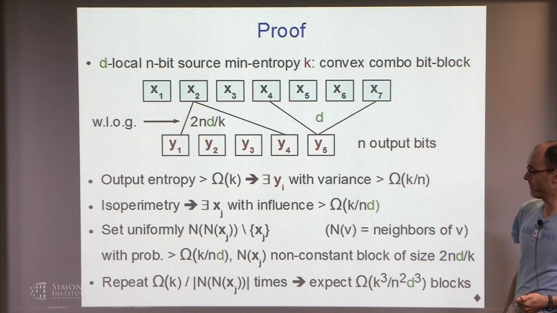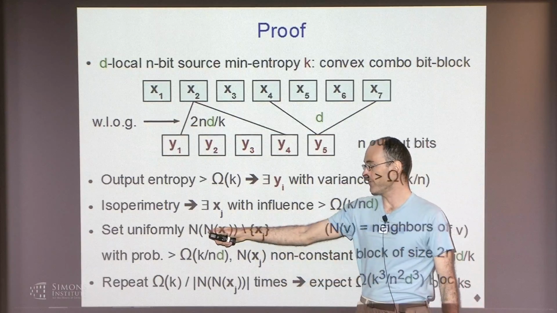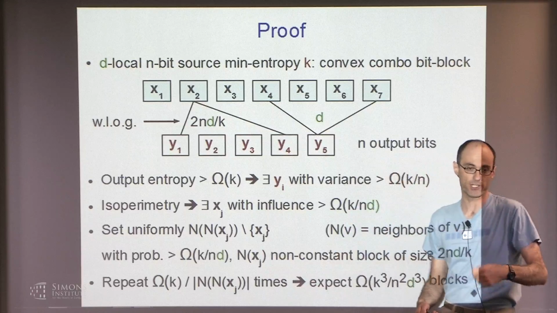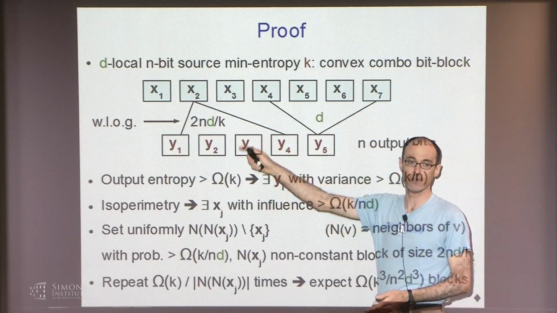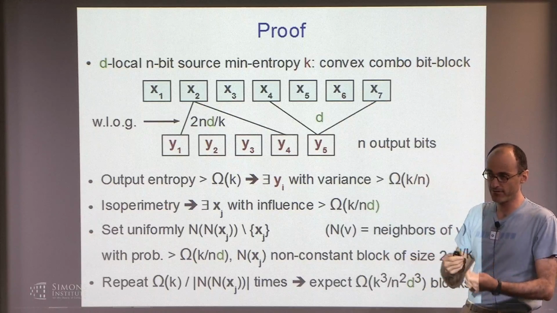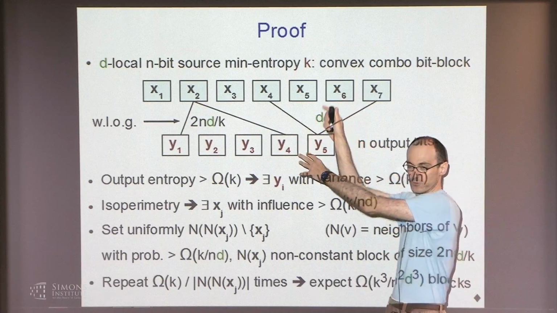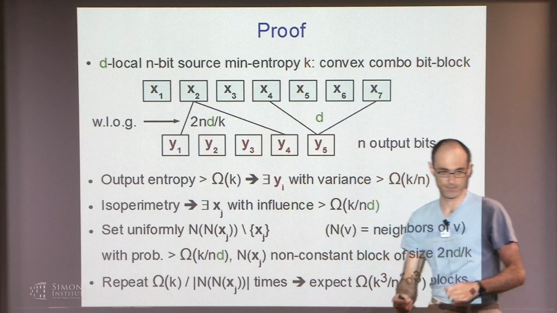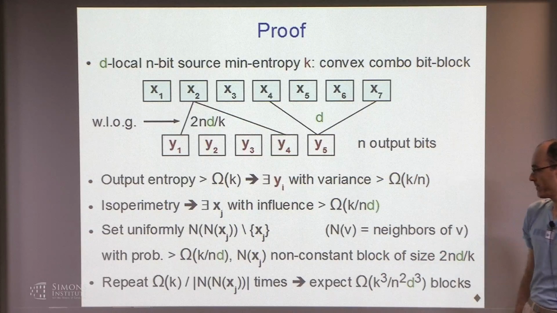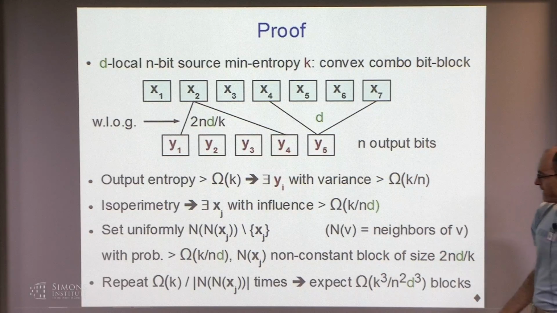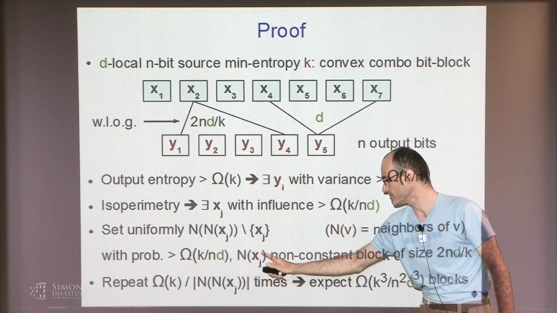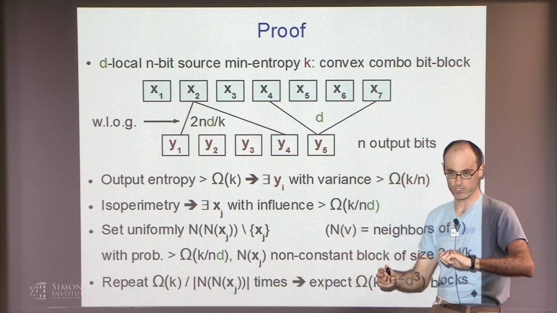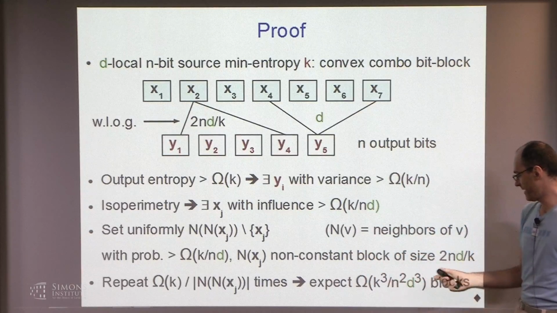Okay? And because you fix things in this way, you can actually repeat the argument. So you can iterate, you can find another yi now, repeat the argument. You will not have any interference because you fix this neighborhood of the neighborhood. So you took care of anything positive that could be shared. Okay? So with probability, which is this influence bound, this neighborhood of xj is one block which is alive of this size.